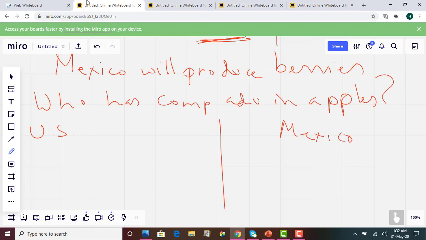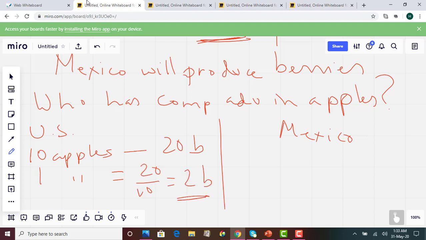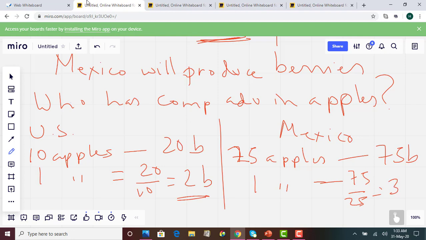So in order to produce 10 apples, we are giving up 20 berries. In order to produce one apple, we are giving up 20 divided by 10, or 2 berries. That's the opportunity cost of producing one apple. Whereas in Mexico, in order to produce 25 apples, we give up 75 berries. In order to produce one apple, we give up 75 by 25, which equals 3 berries.